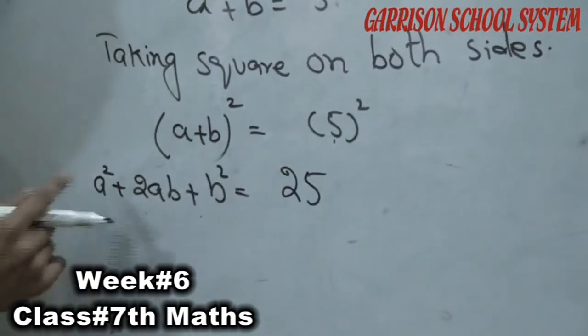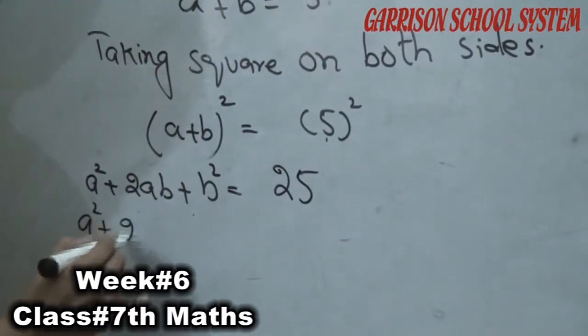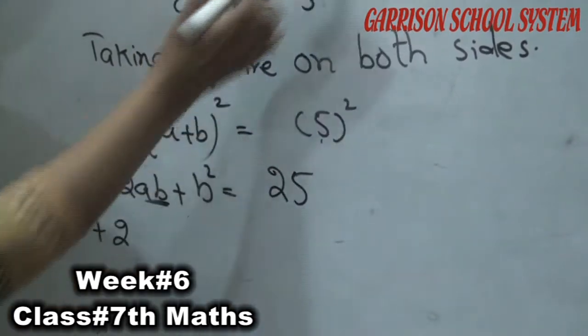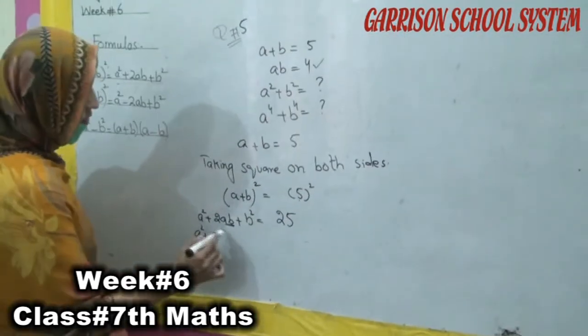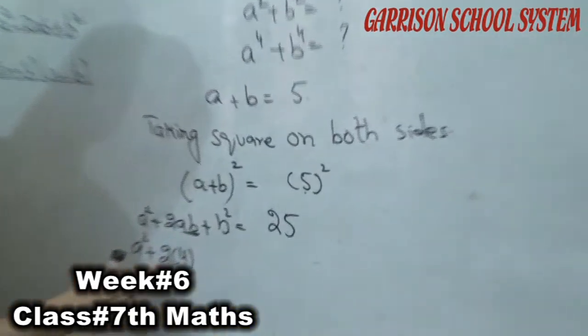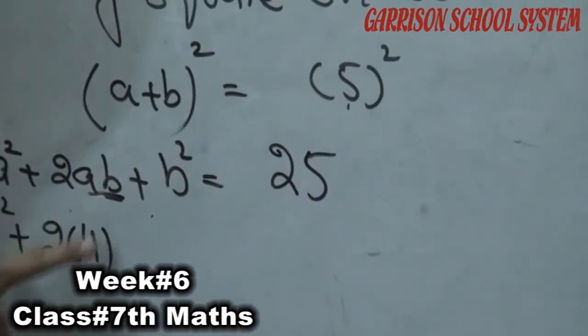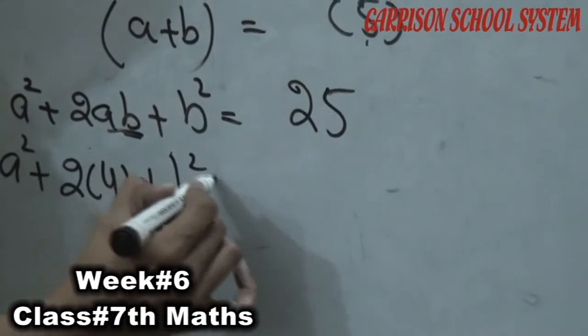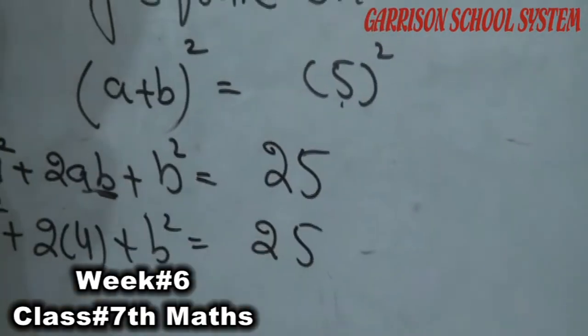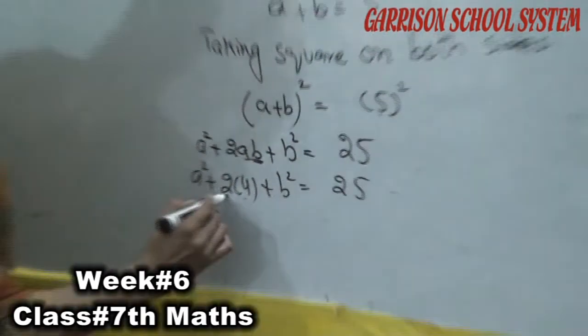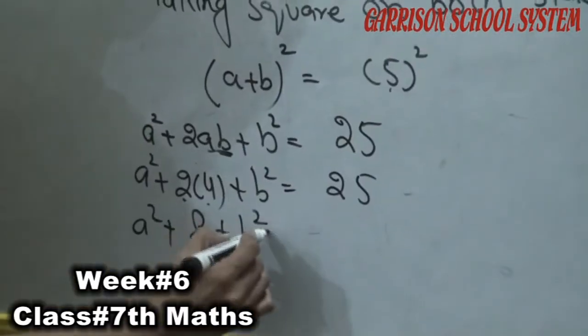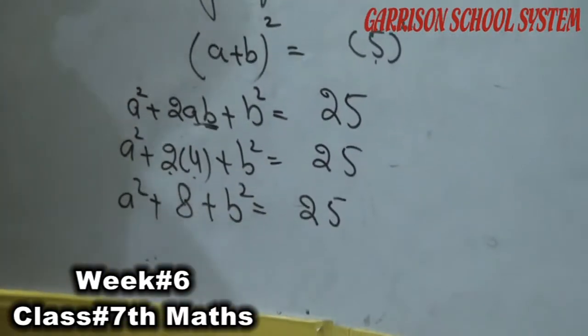Here I have to find A square plus 2AB plus B square. The value of AB is also given, which is 4. So I will put 4 in place of AB. A square plus 2 times 4, 2 fours are 8, plus B square is equal to 25.